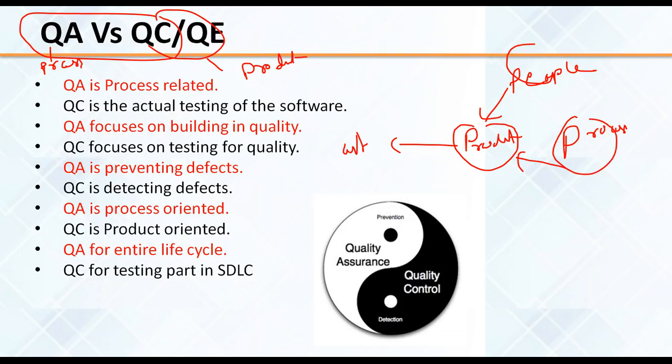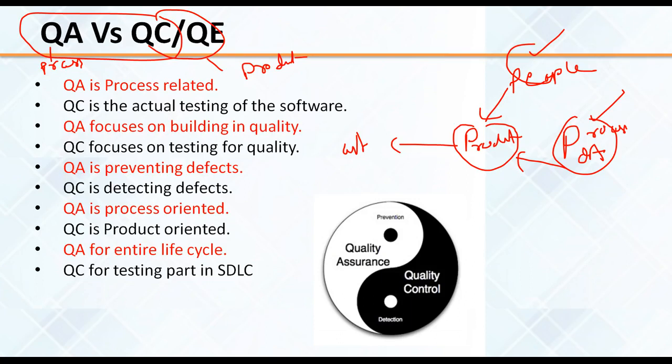So because of the product, there are people and there is a process. These two things are required. QA is basically about the process. This is the area of QA. It will define the process: this is our process, you should follow this. That is introduced by QA.